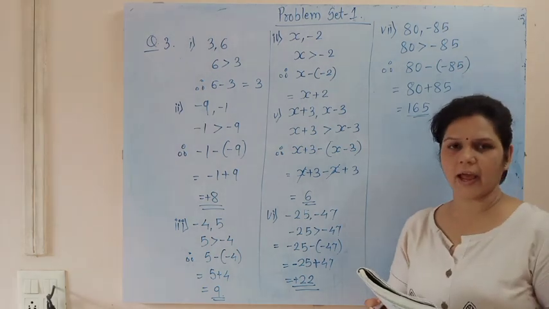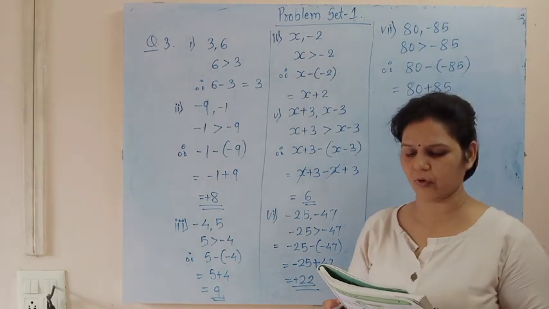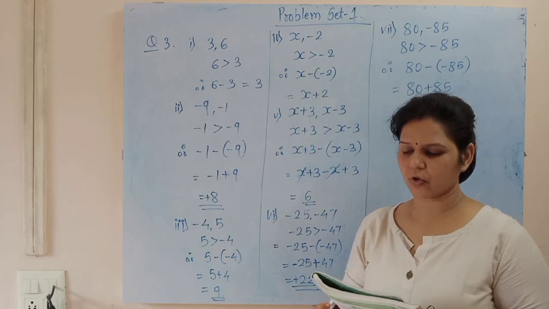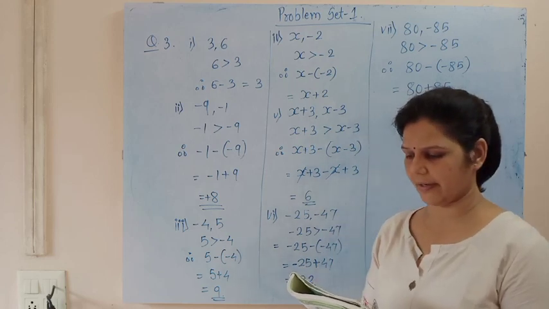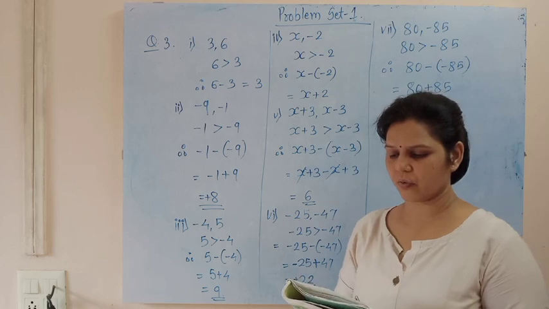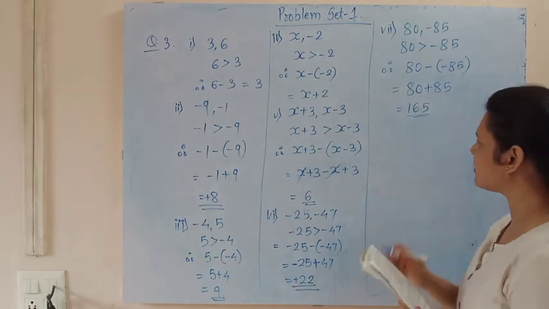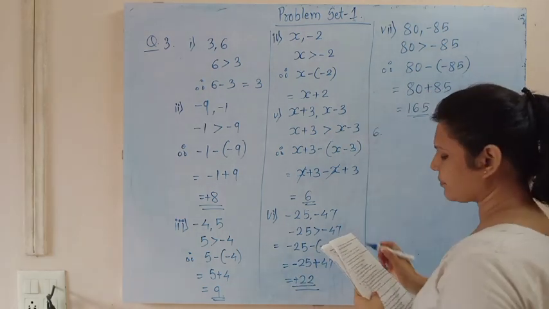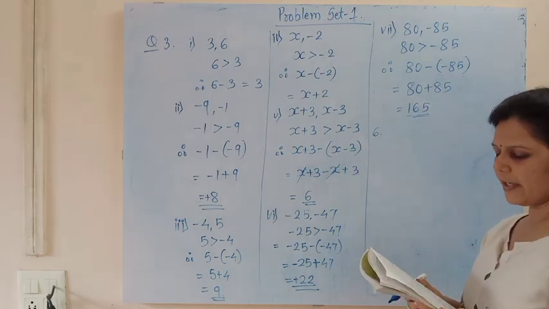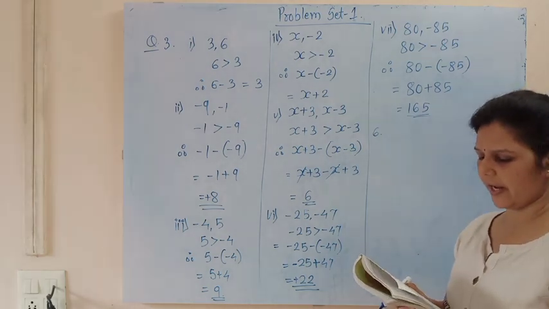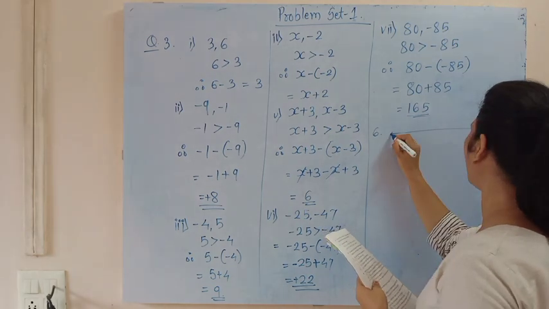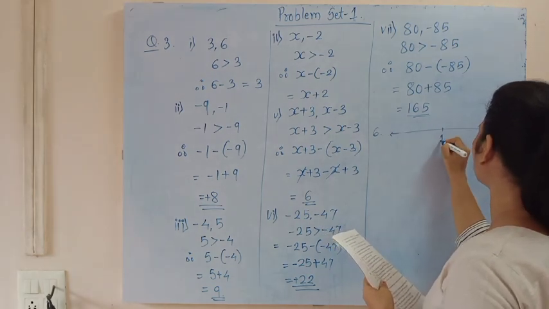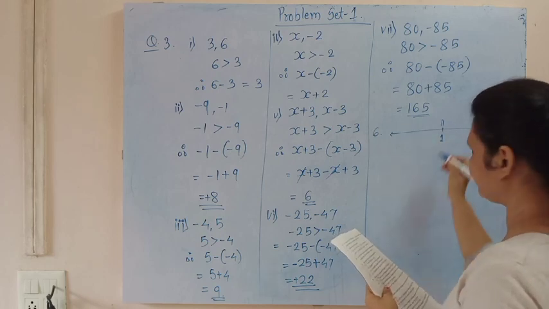Yes, I have shown you question number 4 and 5 also. So now we are going to solve the question number 6. Now see, what is the question number 6? Coordinate of point A on a number line is 1.